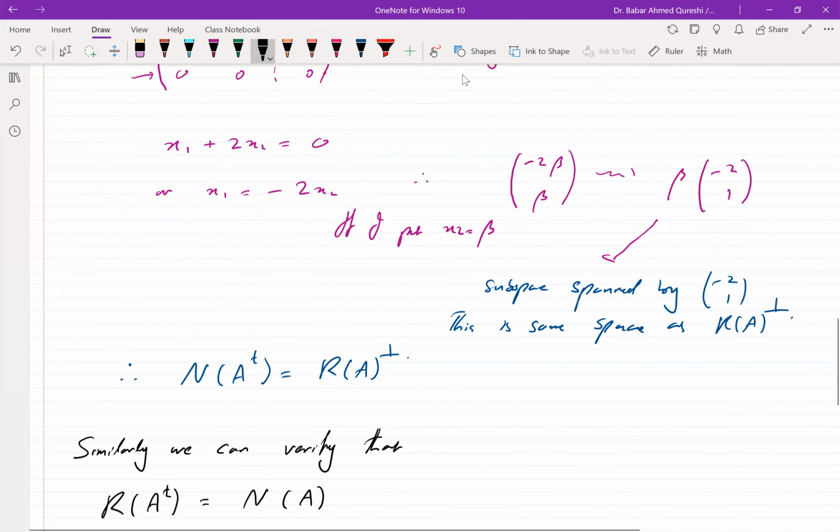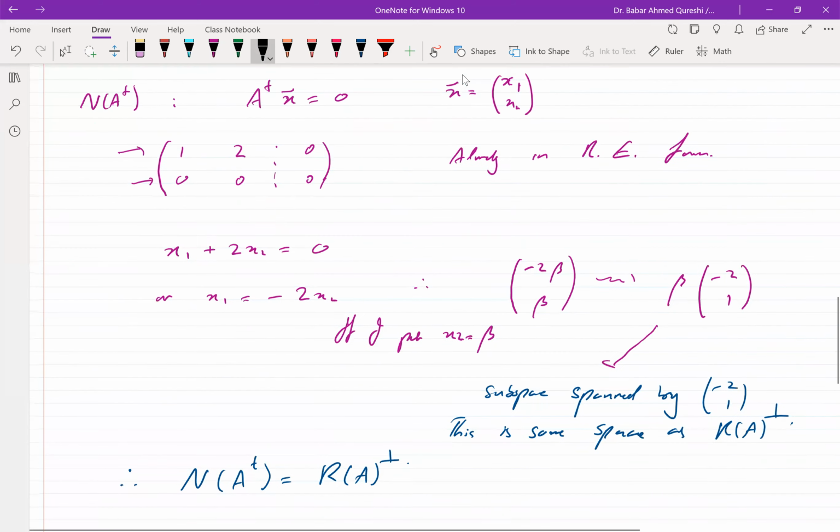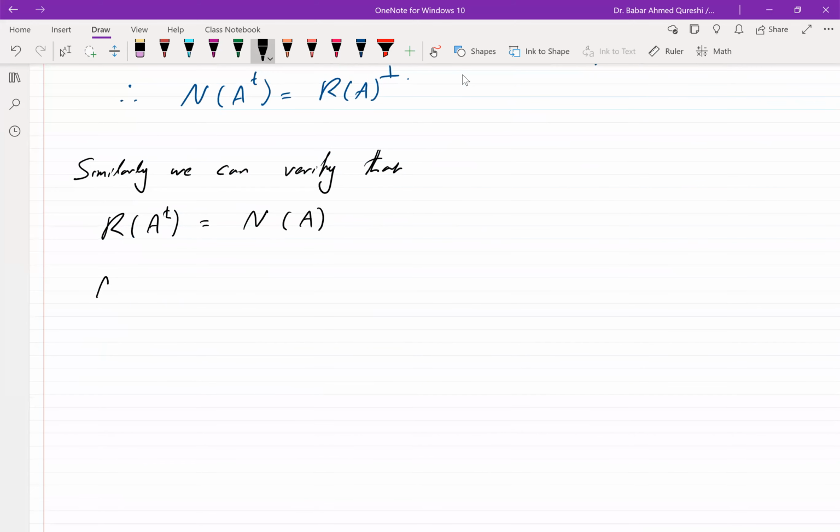So A transpose is over here, 1 0 2 0. The column space of A transpose is arbitrary linear combinations of these.